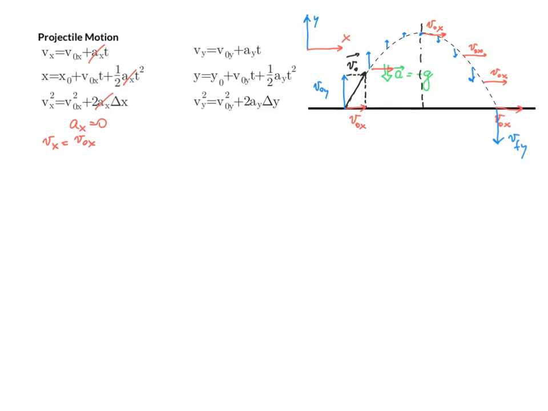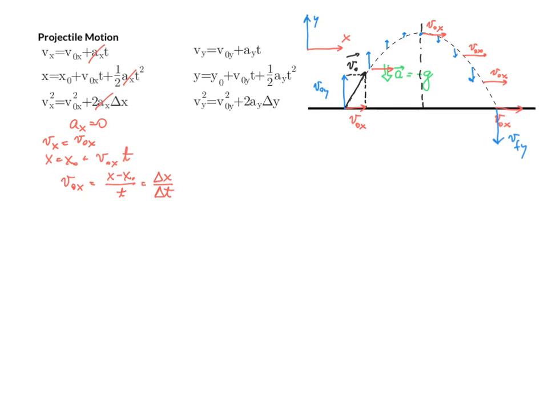Then in the second equation, I have x equals x naught plus v naught x times t. And if we rearrange this, we basically get that v naught x is x minus x naught divided by t, which is the definition of velocity, delta x over delta t.